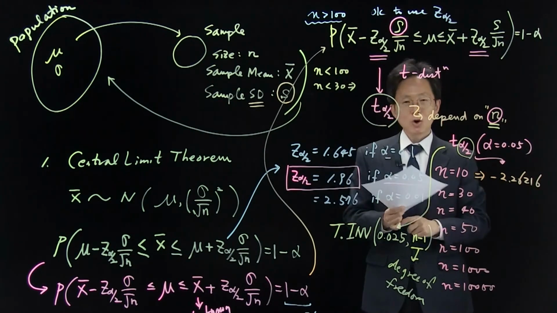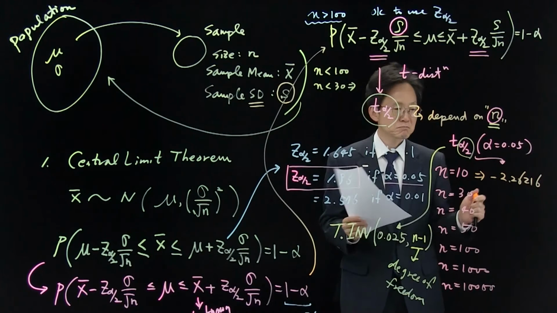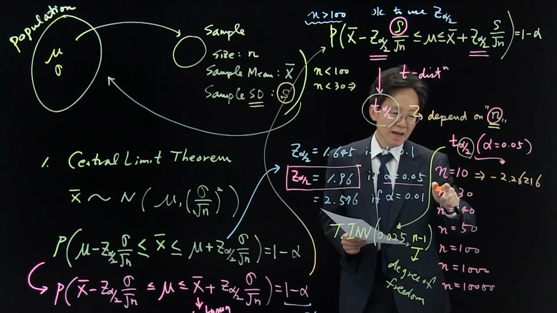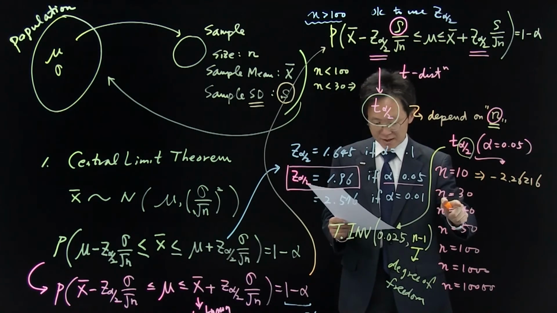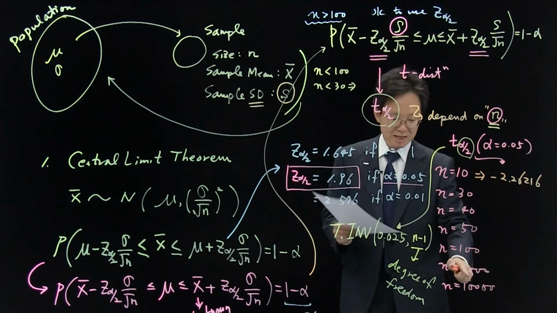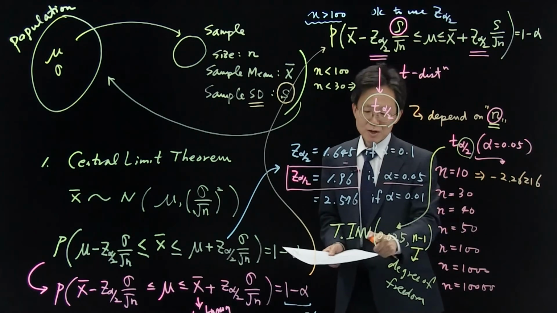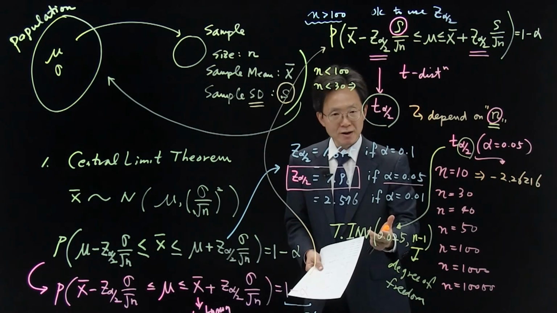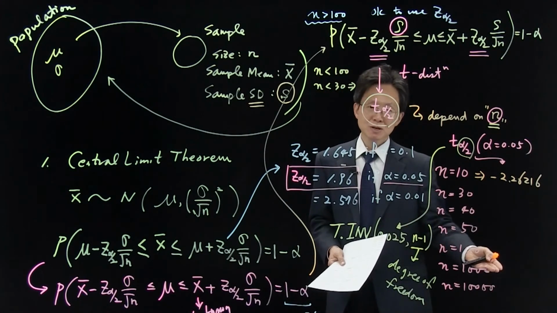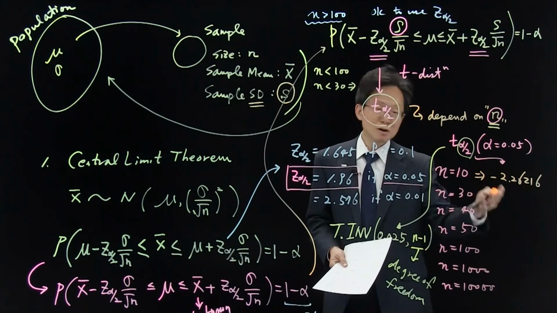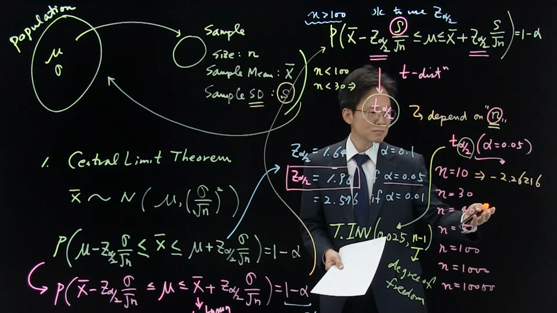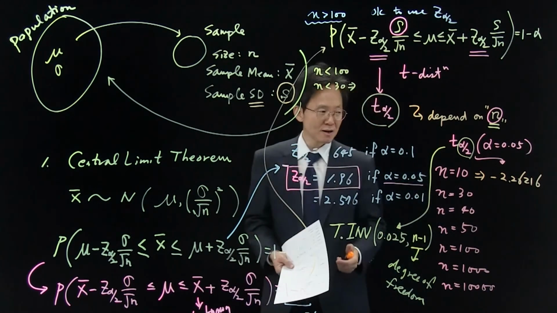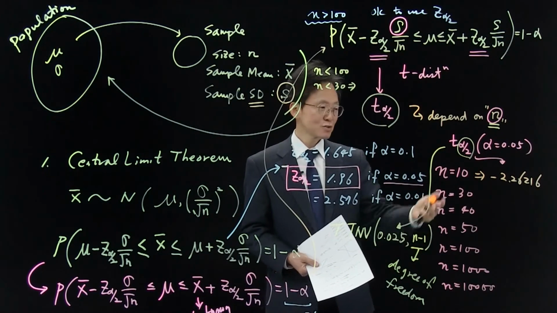I want to stop here for a couple of minutes so that you can get these numbers for n equals 30, 40, 50, 100, 1,000, and 10,000. Why don't you try T.INV using your Excel and get these numbers, so we can compare what you get with my numbers very shortly. Take, let's say, 5 minutes to calculate this.